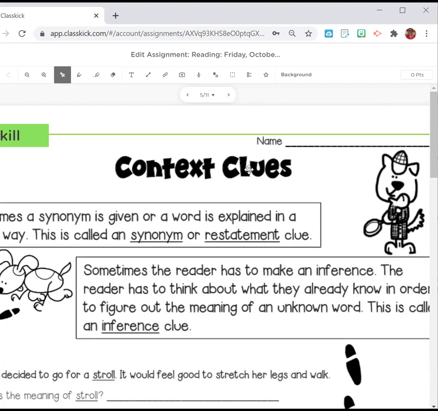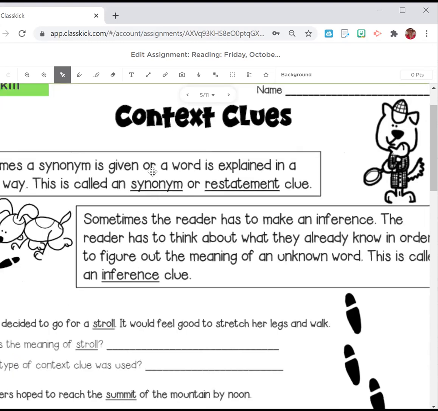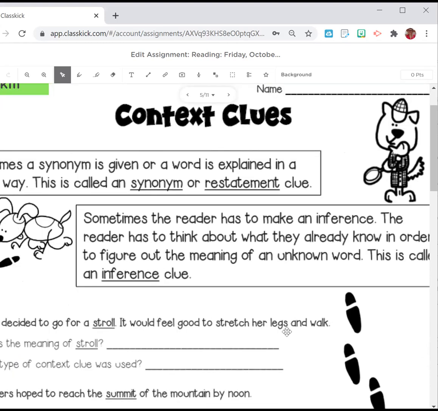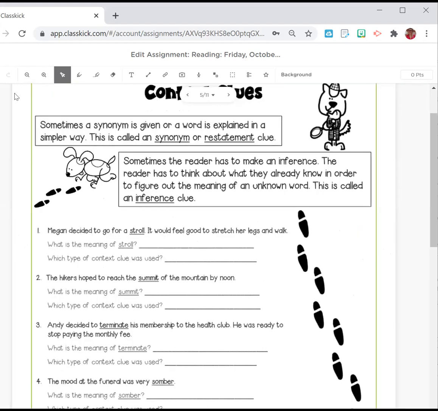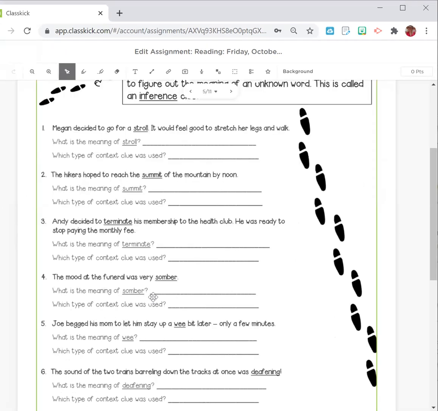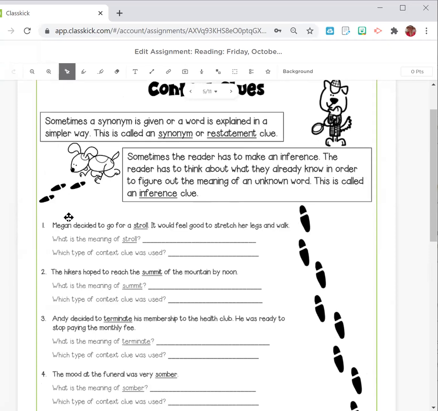For the next page, we are looking at synonyms and inferences. Remember, synonyms mean the same. All right, for the first one, it says Megan decided to go for a stroll. It would feel good to stretch her legs and walk.